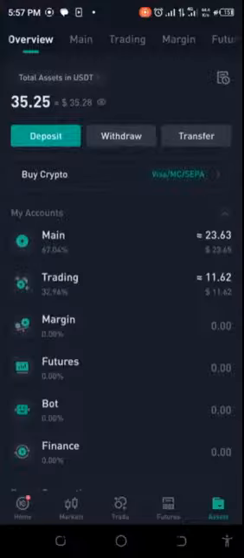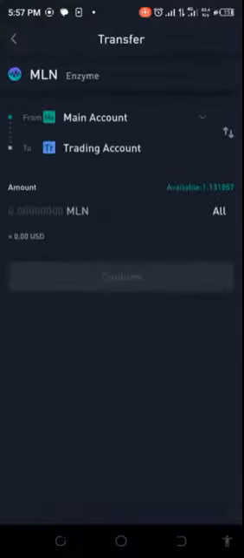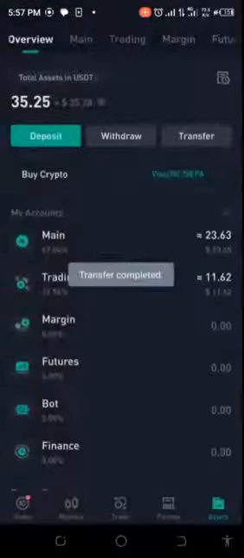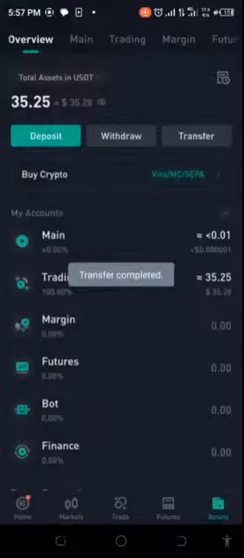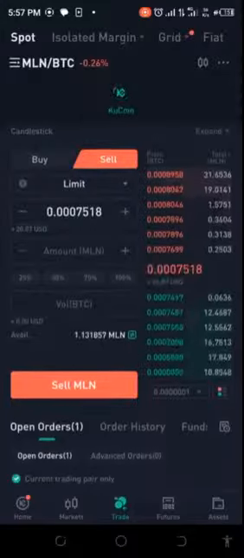Now what we need to do is transfer this. We're going to have to transfer this, right? So what do we have here? We have 1.13, let's put all of it in. Oh, I love that sound. We're going to go over to trade now. When we do this, we're going to see everything here.